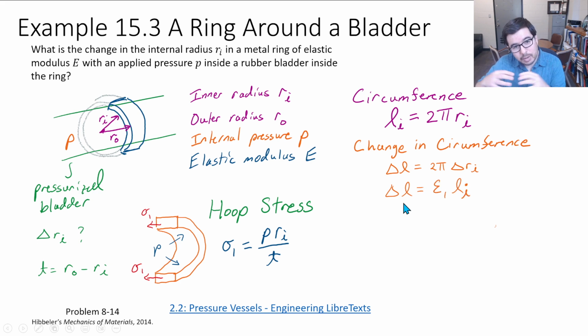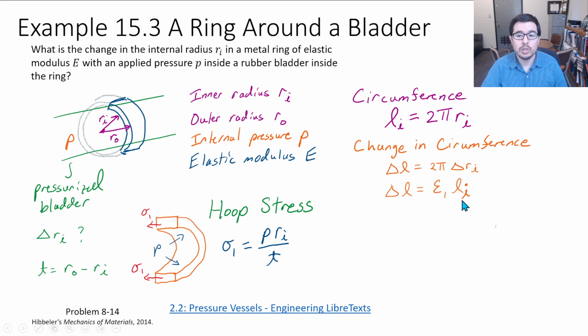Now we're talking about a length, right? It wraps around the ring, but I can unstretch it and I have a length, and we can think of what is the normal strain along that length, or how much is that going to change if I know the strain and an initial length?